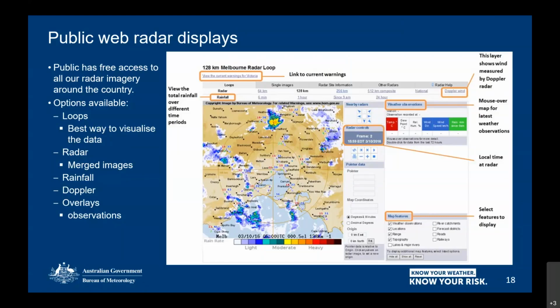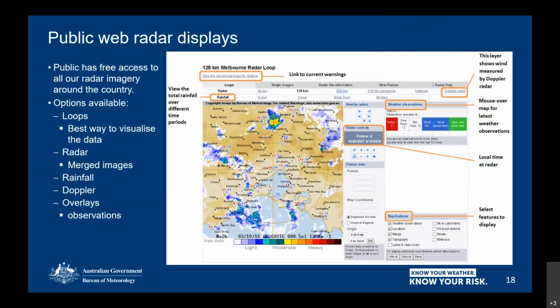Then on the next line down, we have rainfall. Now, the rainfall you may not have looked at before. These images will be converting the intensity rain rate into estimated total rainfall over a particular duration. So the radar images normally just show a point in time.